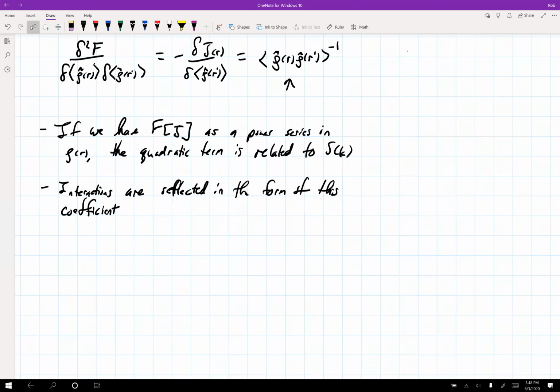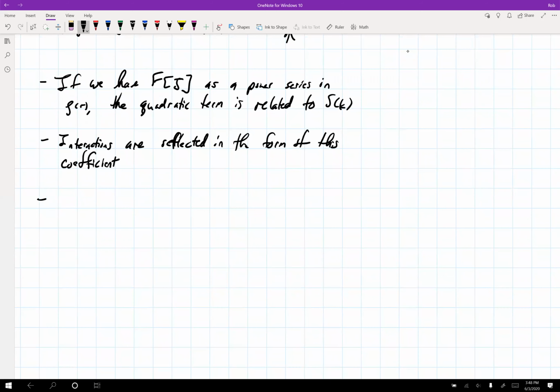And the other important thing, and probably the most useful application of this, is the stability of the homogeneous phase. So in other words, if the system does not want to phase separate, the stability of that homogeneous phase can also be assessed from this quadratic term. Right?